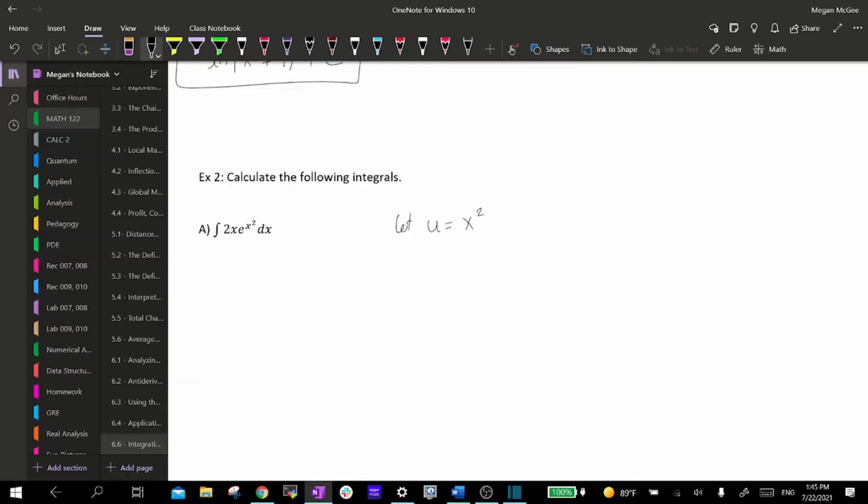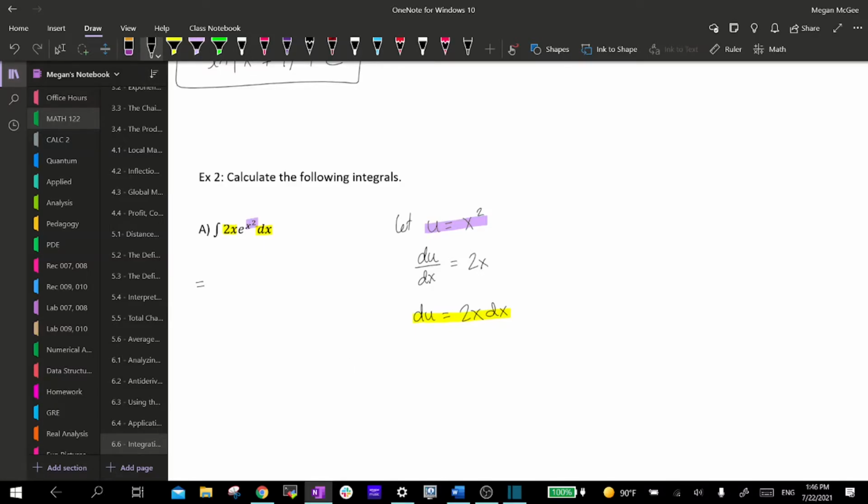Remember, we need to take the derivative, so du dx is equal to 2x, and then we'll move our dx over. So du is equal to 2x dx. All right, so again, our 2x dx is found here, and we're going to substitute u in for x squared.